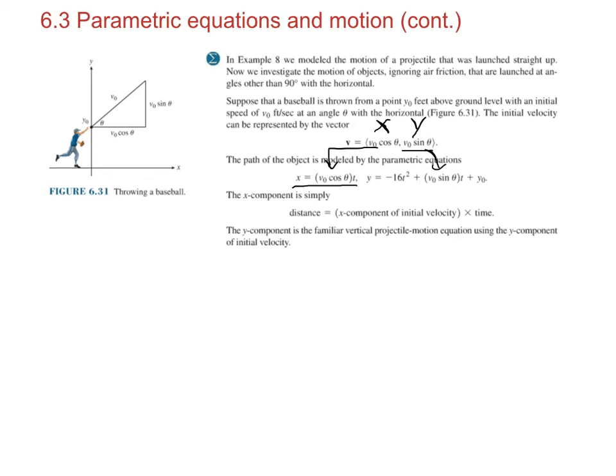So here is, again, due to gravity, initial velocity, initial height. And that's what comes up with our parametric equations. So now we'll go ahead and use that in our next example.